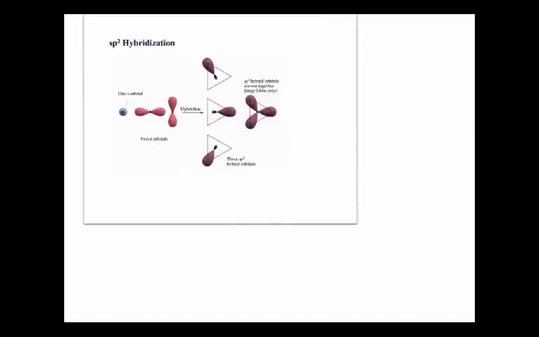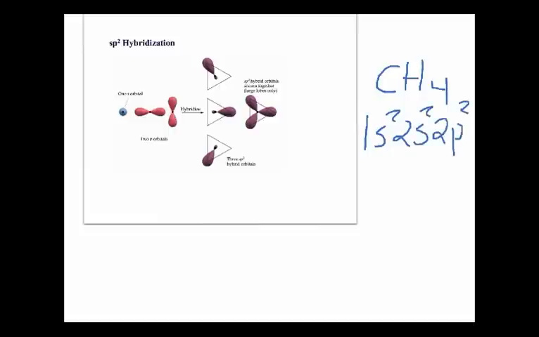Okay, for the hybridization that occurs in methane, CH4, we have the configuration for carbon, which is 1s2, 2s2, 2p2. In this case, these four electrons are going to spread out. I'll show the before and after on this one.